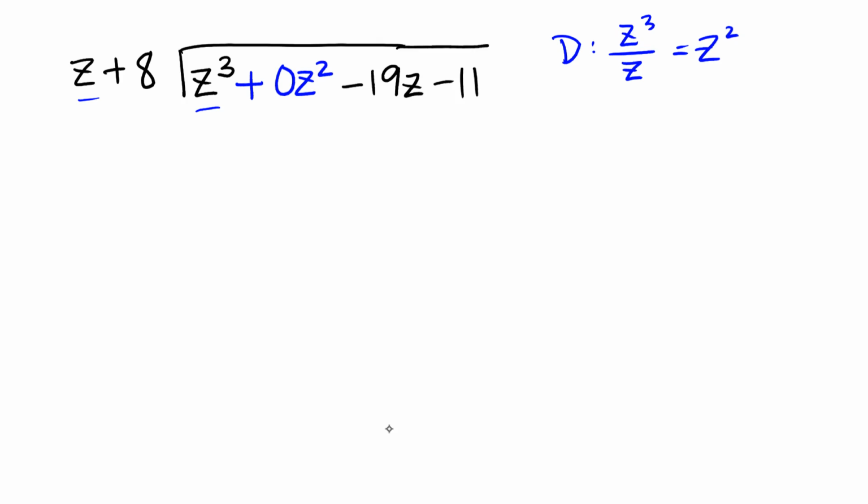So this is the trickiest way a long division problem can go, is when you don't have every term that you would expect in terms of decreasing degrees. So now that we've got that, we can do our multiply step. We need z squared times z plus 8, which will give us z cubed plus 8z.